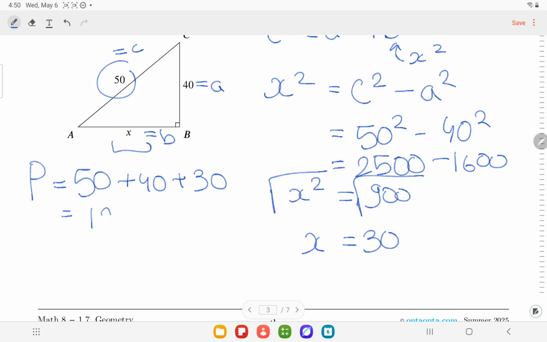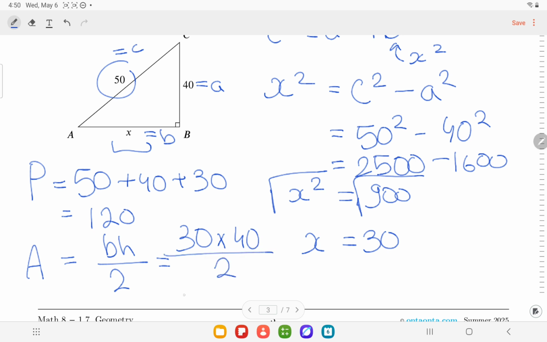And we get 120. And then our area is going to be our base times height over 2. So it's going to be our x, which is 30, times 40 over 2, which is 600.